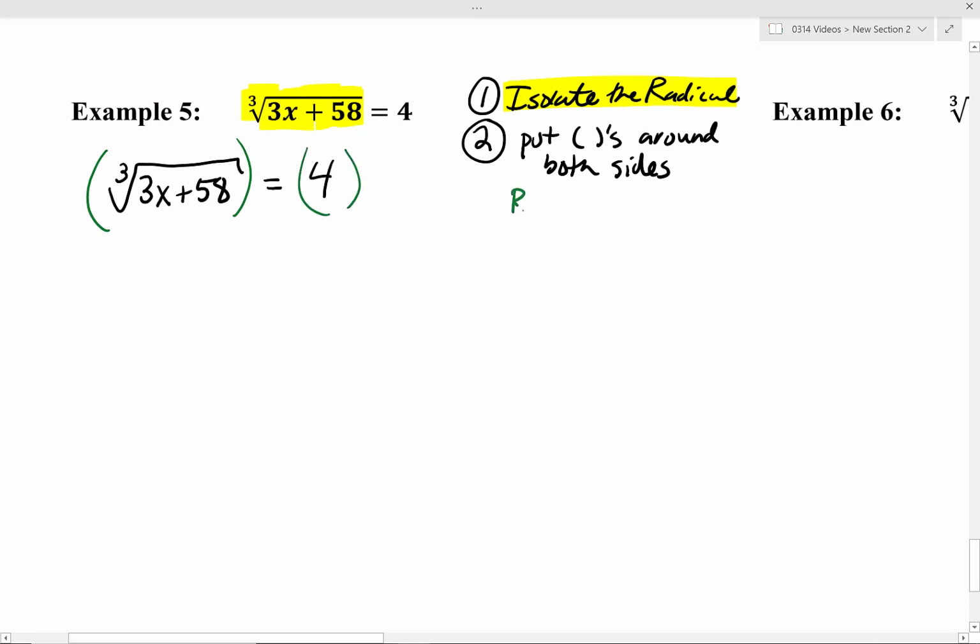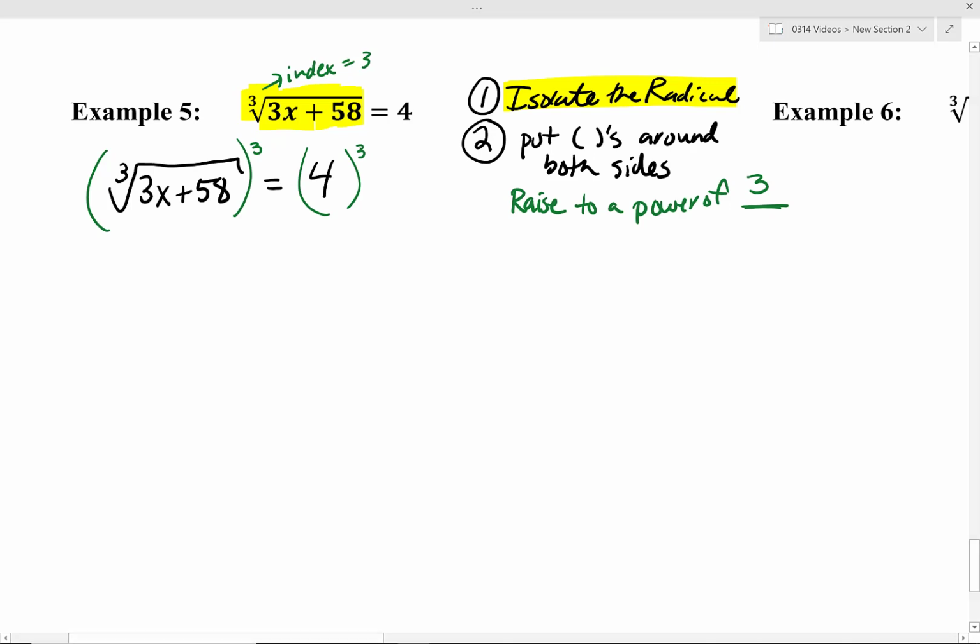And now we want to raise both sides to a power of. Okay, so this time what is our power? Let's look at the index of this radical. This time the index is 3. So we're going to raise both sides to the power of 3. So on the top right of those parentheses, I'm going to put positive 3.